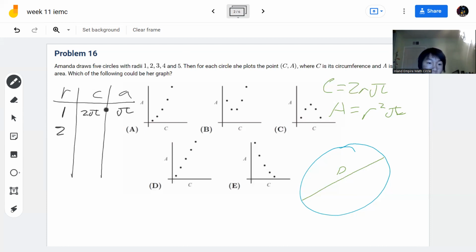All right, for radius 2, it's pretty much the same thing. Radius 3. Anyone know what it is for radius 4? We have a circle with a radius of 4.